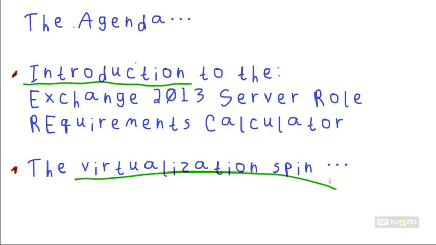We're playing with the calculator. But we're going to do this based upon a virtualization environment and how we might use this to help us figure out the requirements for our VMs when we go to set this up. So tell you what, finally I get to use a computer even though I'm using a spreadsheet. I'll show you where to get this tool and we'll start working with this.